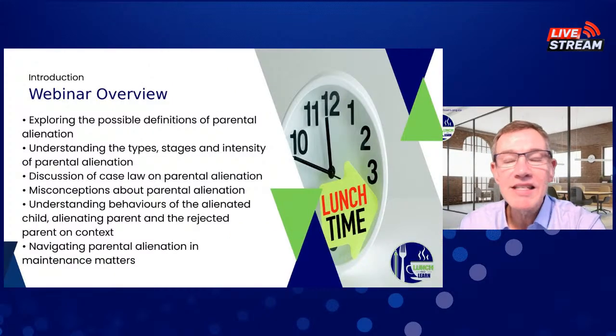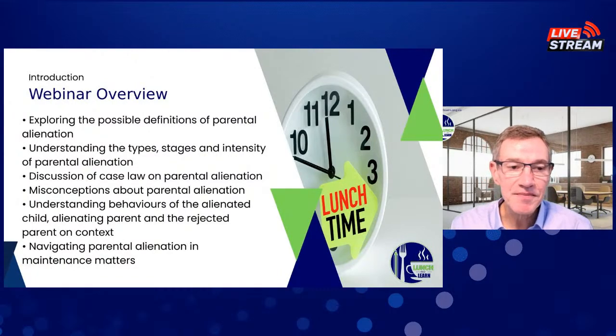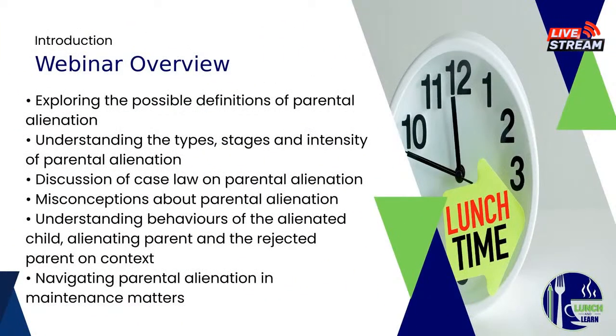So today we will be discussing parental alienation, and we will be exploring the possible definitions of what parental alienation is, and we'll also make some reference to what parental alienation syndrome is. We'll give you some understanding of the different types, the stages and the intensity of parental alienation, referencing some case law that we have in South African law dealing specifically with or mentioning parental alienation.